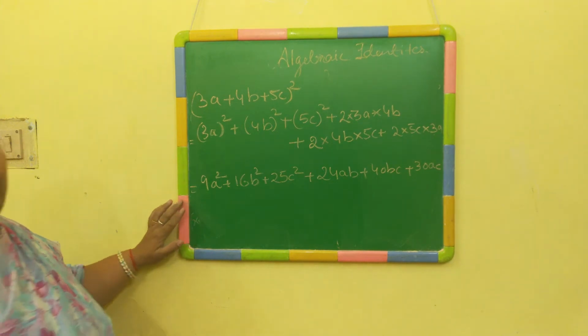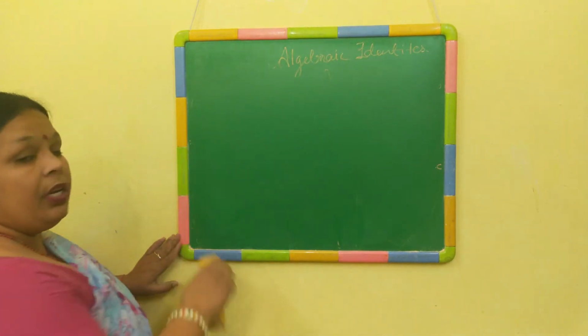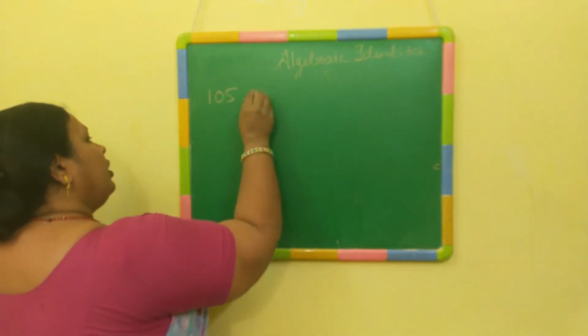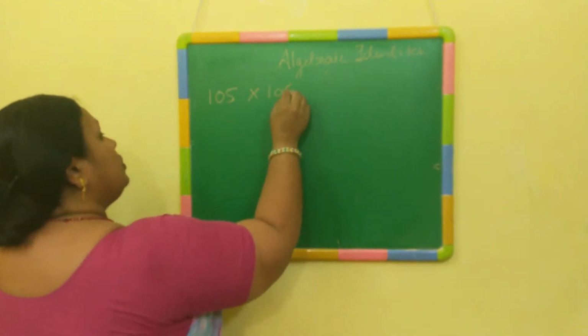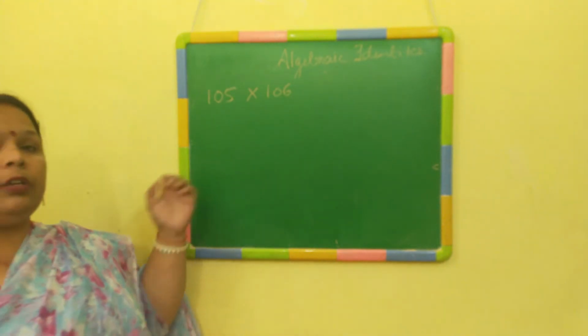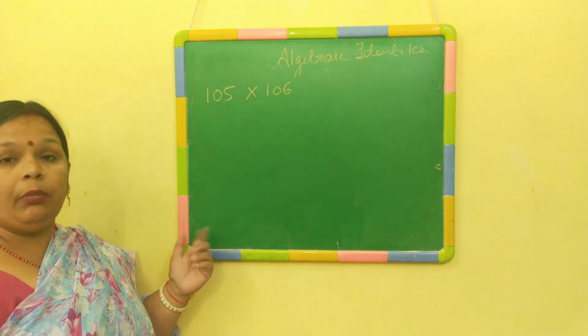We will take two more examples. Now the next one is to solve 105 into 106 using the identity, a practical application. Now which identity will be used here?